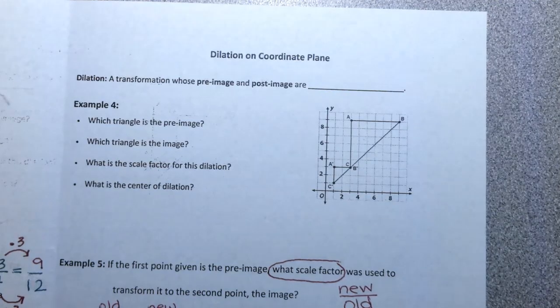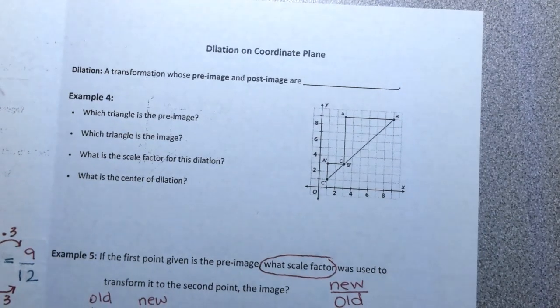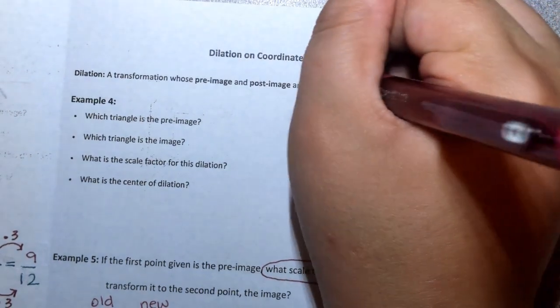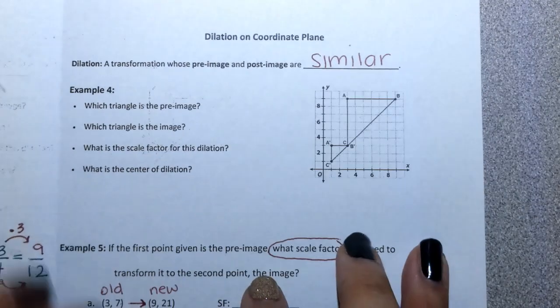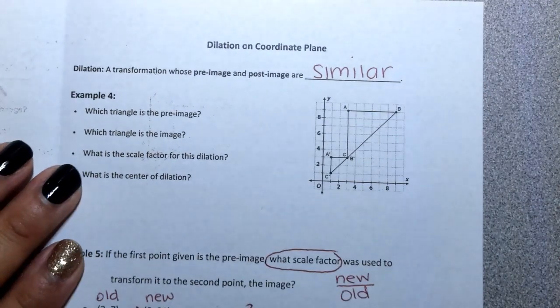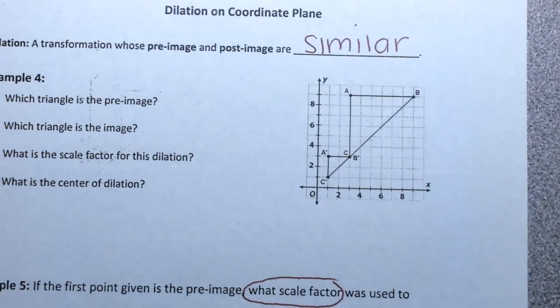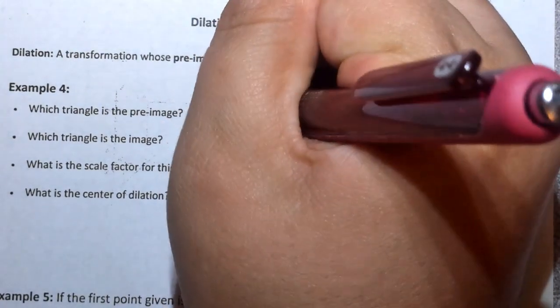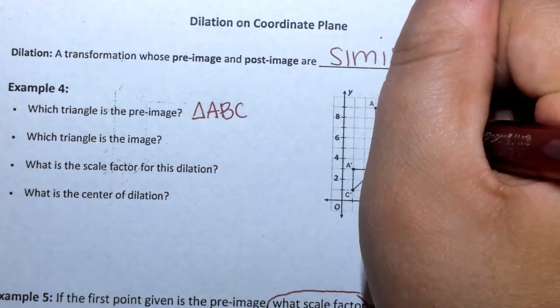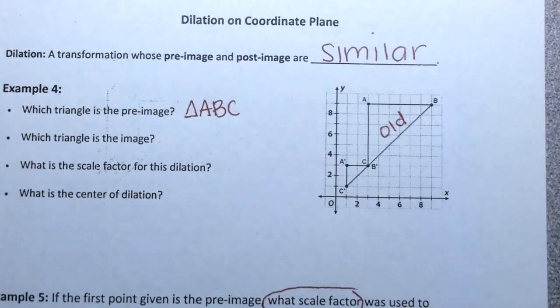They're on a graph. And so a transformation whose pre-image and post-image are similar. On a graph, which one's the pre-image? Which one is my old? ABC. The one with just the regular letters, ABC. Write old there.